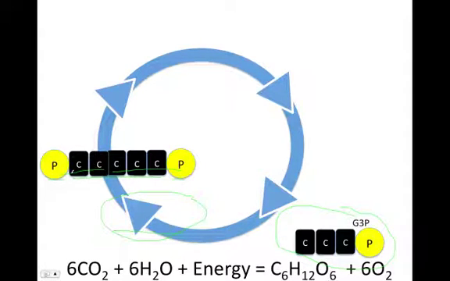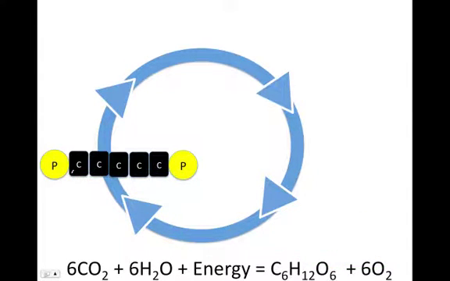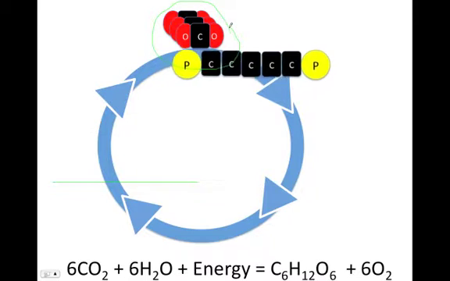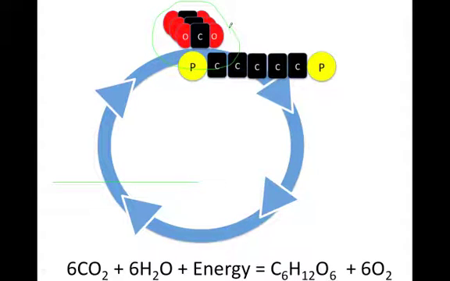Now we can start the whole process over again with our ribulose bisphosphate and a new set of 3 carbon dioxide molecules coming into the plant. We bring our ribulose bisphosphate over there. We bring our Rubisco in.